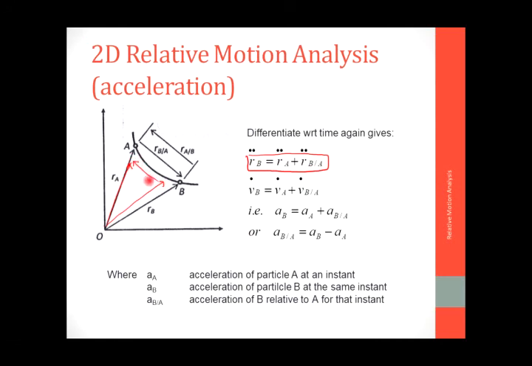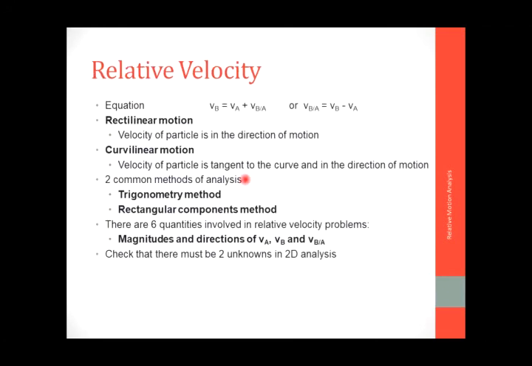So we use that equation for BA, the main equation. In this situation there is a combination of rectilinear and curvilinear motion.